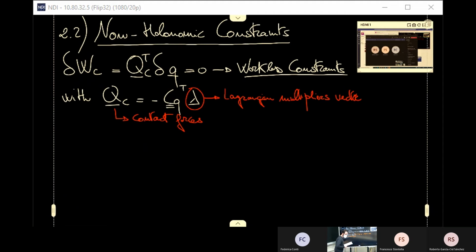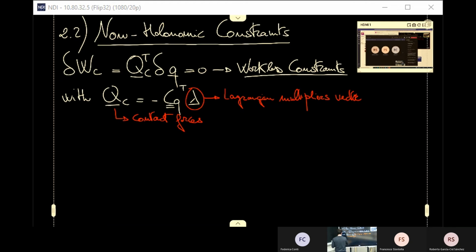So, once again, please keep in mind that the fact that the constraints are workless doesn't mean that you don't have contact forces. You do. The fact is that typically they are expressed in such a way that they don't contribute in any way to the virtual work. Okay.